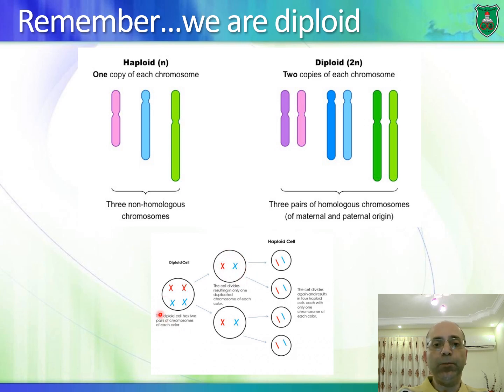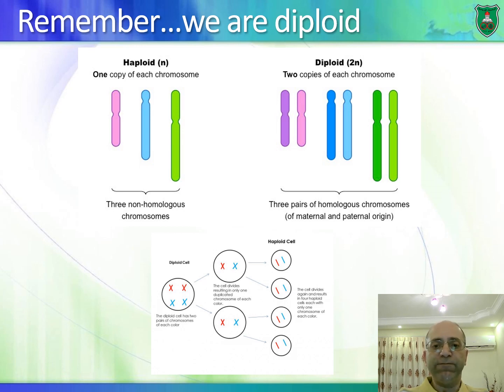This is a diploid cell. This is also a haploid cell, just like this one, except that here the chromosomes are made of sister chromatids, but here you have chromosomes made of just single chromatids. I hope that it's clear now.